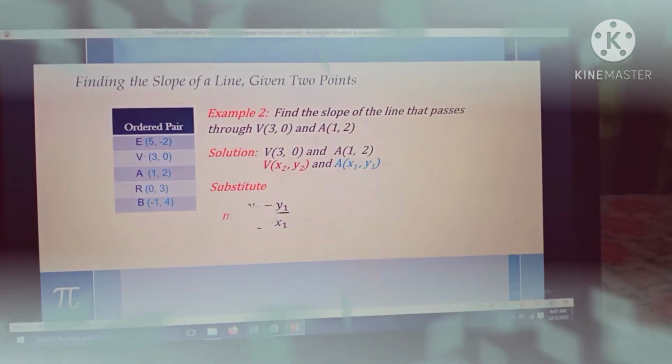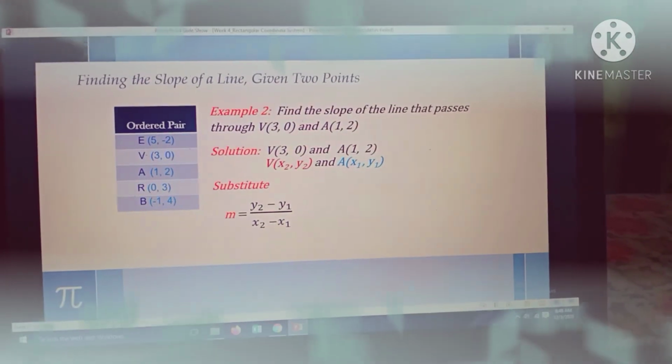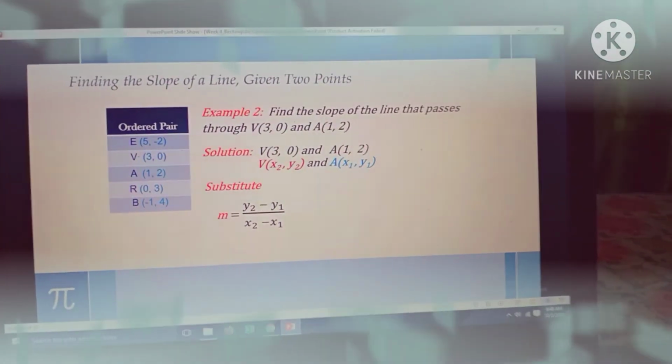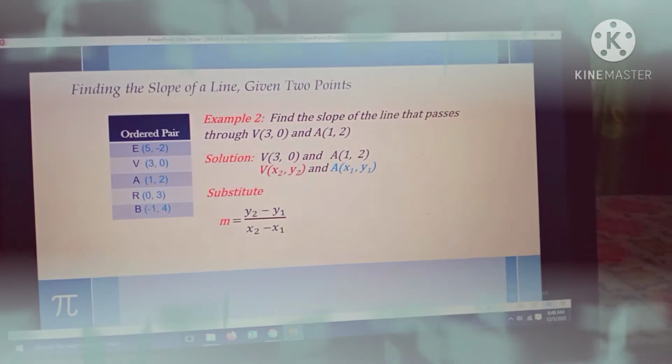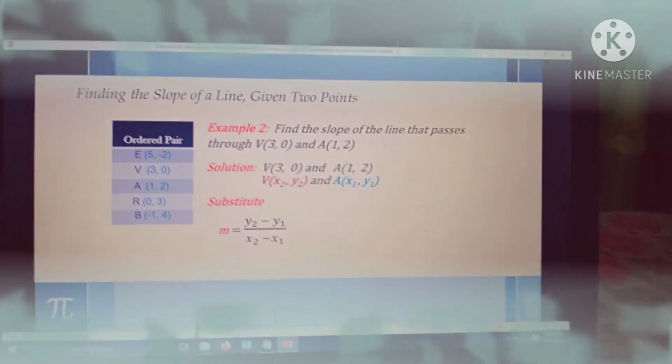So, let's substitute it now in the formula, m is equal to y sub 2 minus y sub 1 over x sub 2 minus x sub 1.